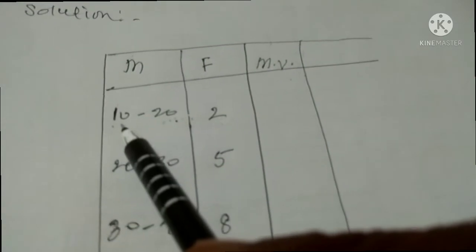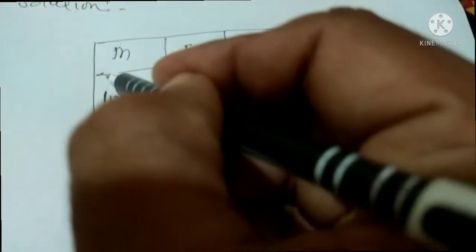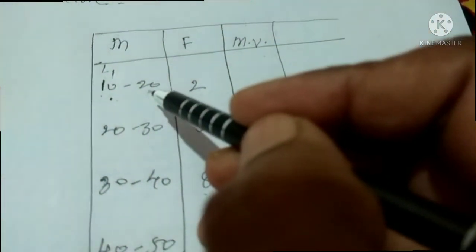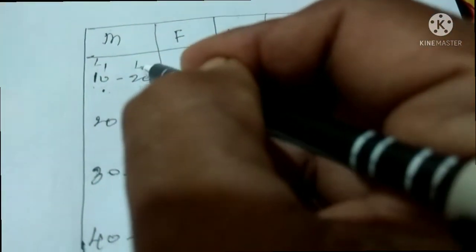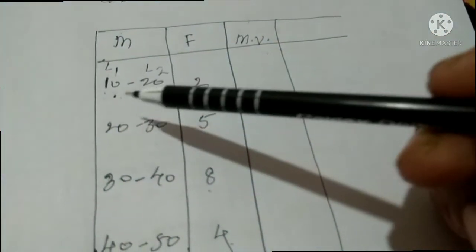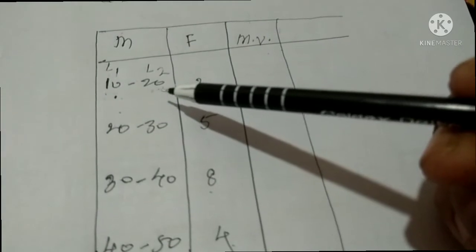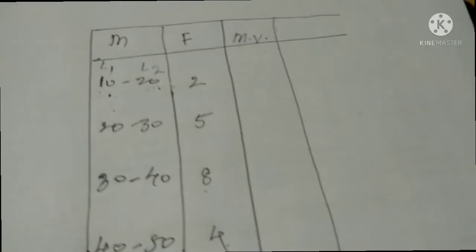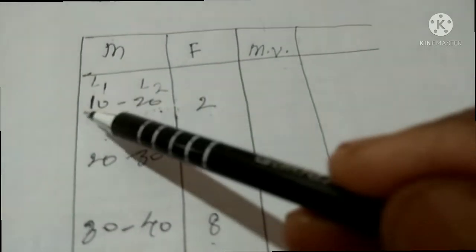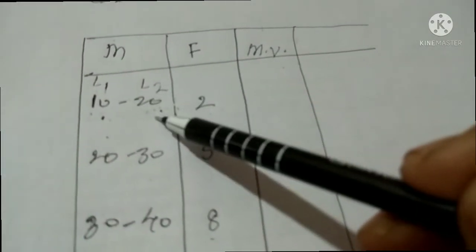The first figure of the group is called L1, the lower limit of the group, and the second is L2, the upper limit of the group. This is a small figure and this is a big figure, L1 and L2, lower limit of the group, upper limit of the group.